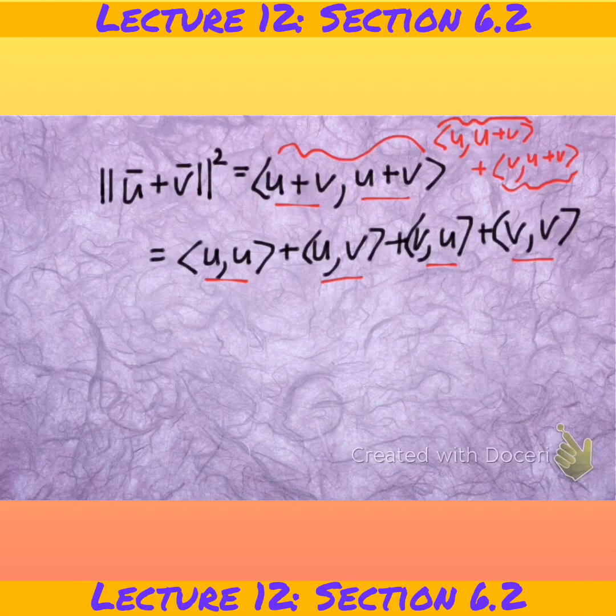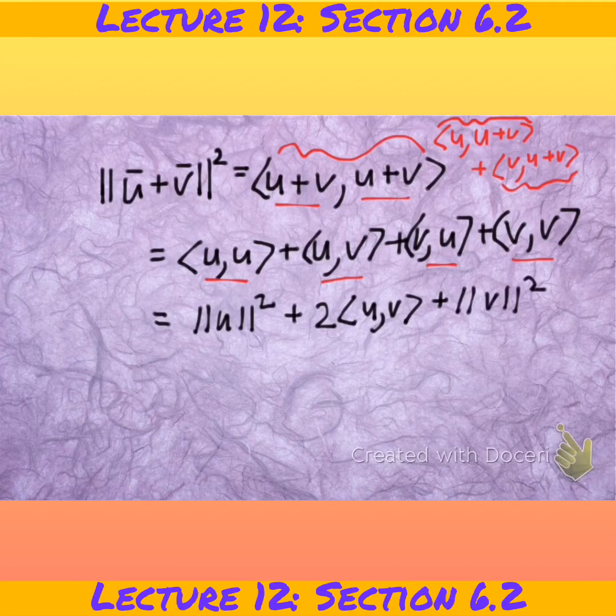Then you can replace that with the norm of u squared plus twice the inner product of u with v, because the inner product of u with v is the same as the inner product of v with u. That was the other axiom we had previously.